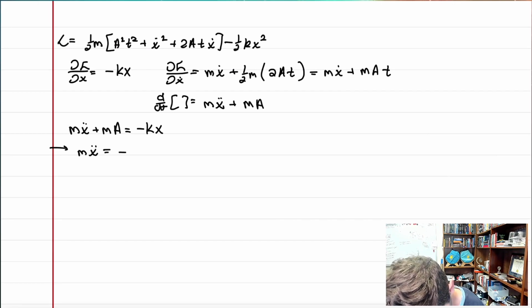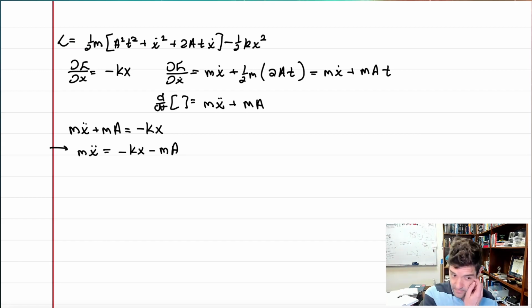or m x double dot equals negative kx plus what we would have called before a fictitious force, because we're trying to do things in a non-inertial reference frame. Again, it just all pops out by doing Lagrangian dynamics correctly. The challenge, of course, is choosing the right coordinates, right? You can always choose whatever coordinates you want, but there are some that are subjectively better than others.